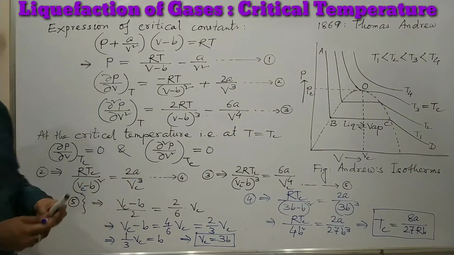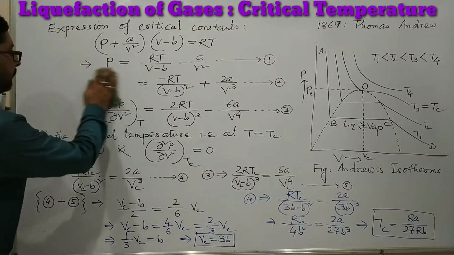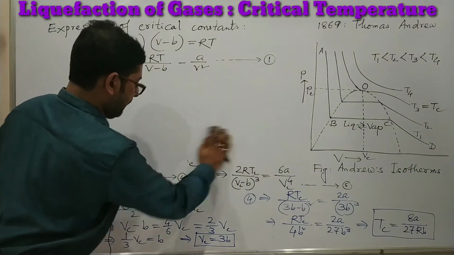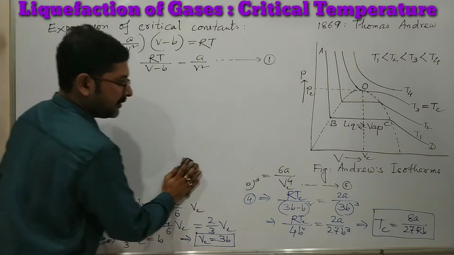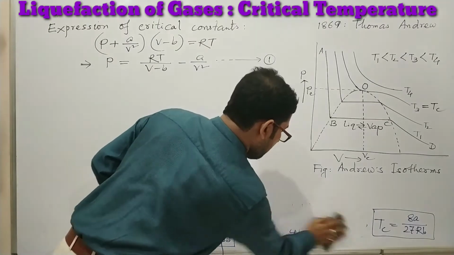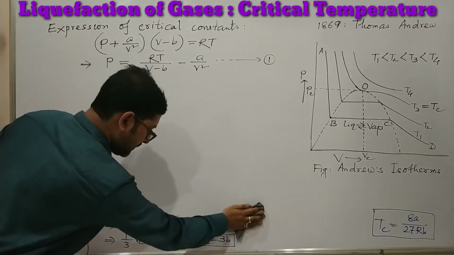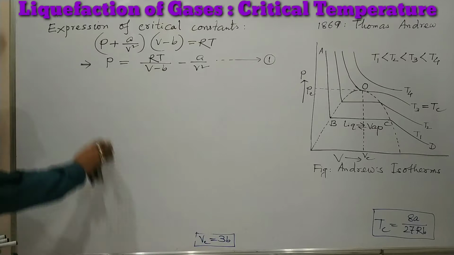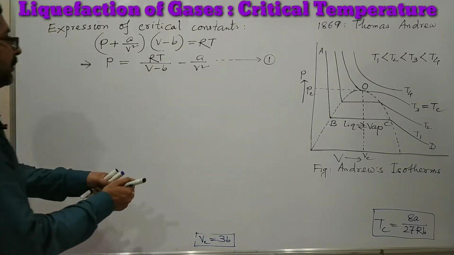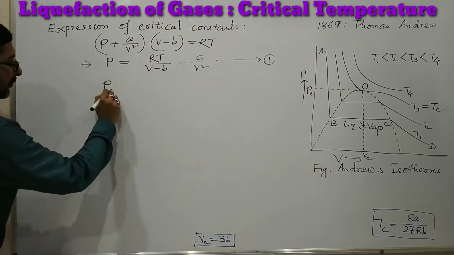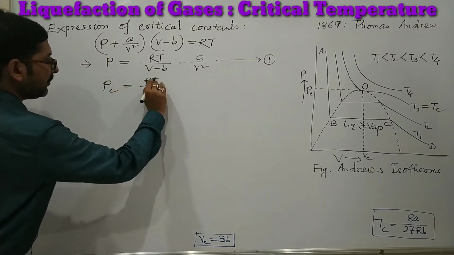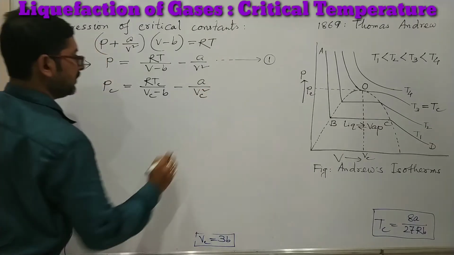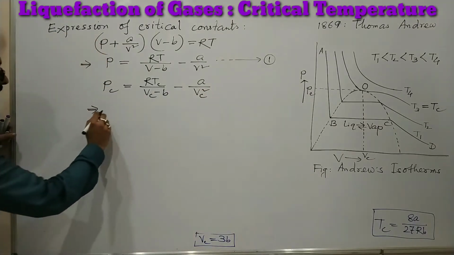So we can write the van der Waals equation at the critical temperature: Pc equal to RTc by (Vc minus B) minus A by Vc square.